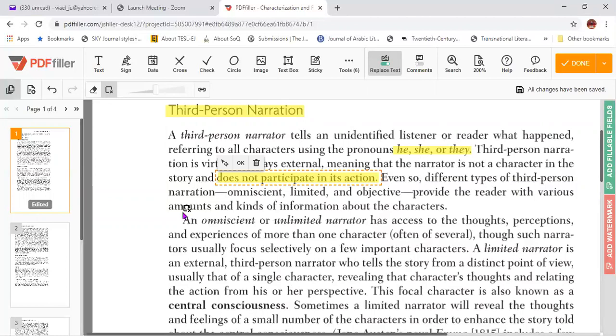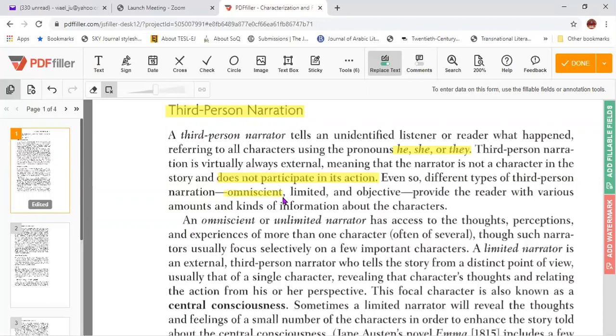Now, for third person narration, we have three types. We have the omniscient, the limited, and then the objective narrator. Every type has a specific function in a story.